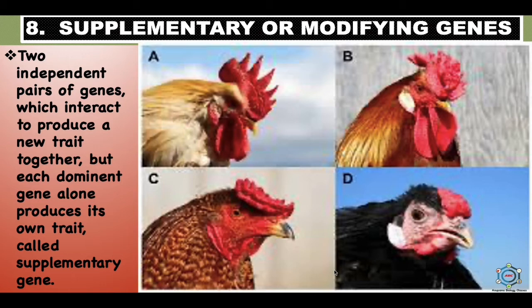When the two walnut comb F1 individuals are mated, the offspring of the F2 generation show a ratio of 9 walnut comb, 3 pea comb, 3 rose comb, and 1 single comb. The walnut comb is thus not a unit character but merely a phenotype of pea and rose when they act together. So, this shows the supplementary or modifying genes.